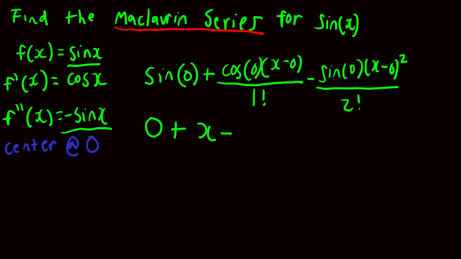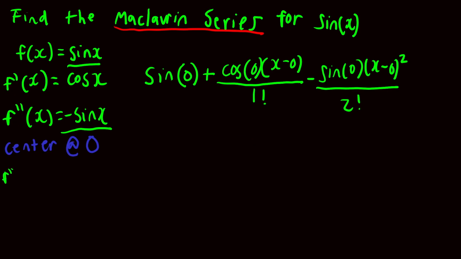Minus sine of 0 again is just 0, so this becomes 0. Okay, so now, this is weird, I'm only left with an x. In things like this, you're going to have to go a little bit further than just 2 derivatives, okay? So, let's keep going.